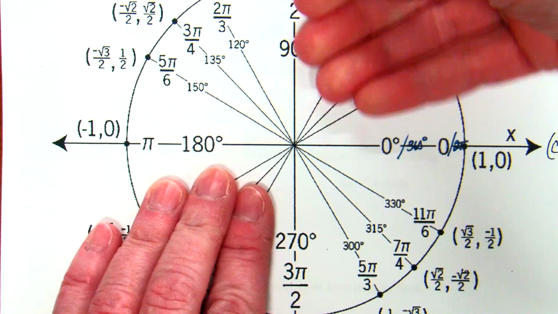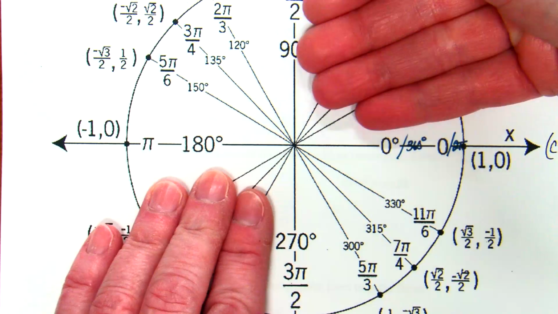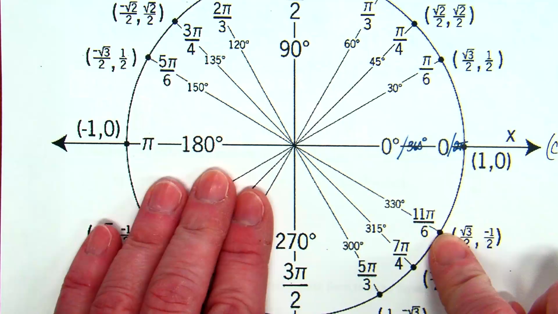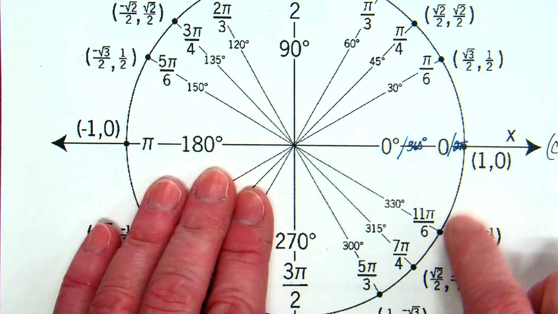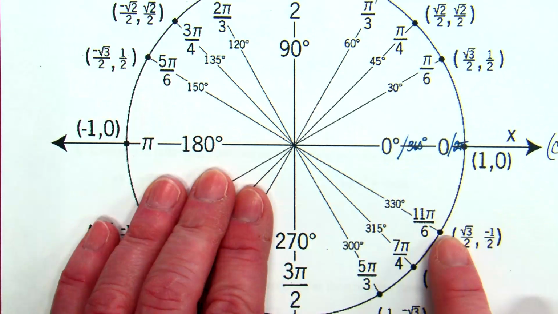Okay. What about down in quadrant 4? 11 pi over 6? Now, I don't remember for sure. In my notes, I used a different name for 11 pi over 6. I used negative pi over 6. Is negative pi over 6 the same as 11 pi over 6? 11 pi over 6 is going the positive direction, isn't it? But negative pi over 6 is coming the negative direction.